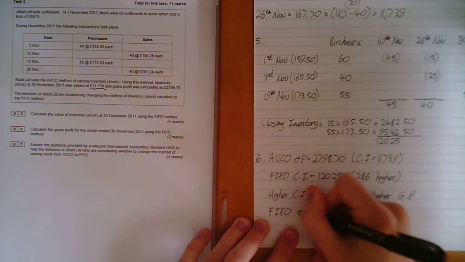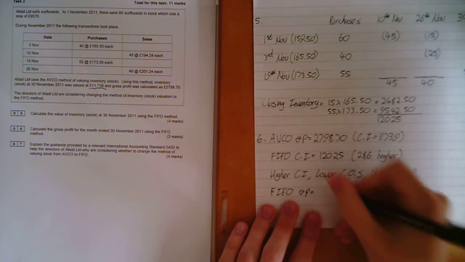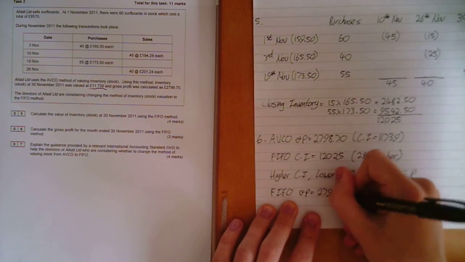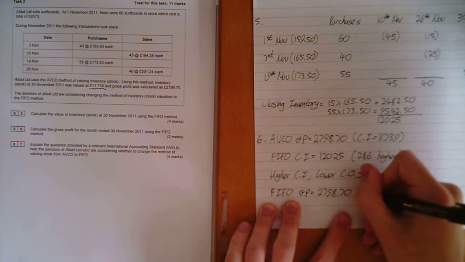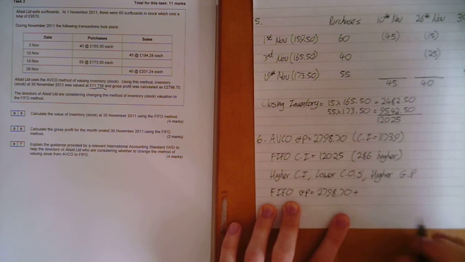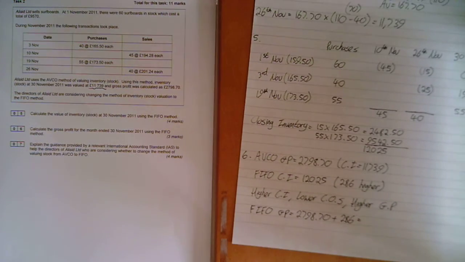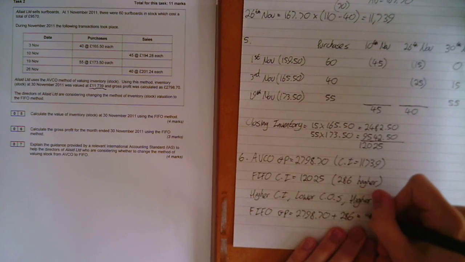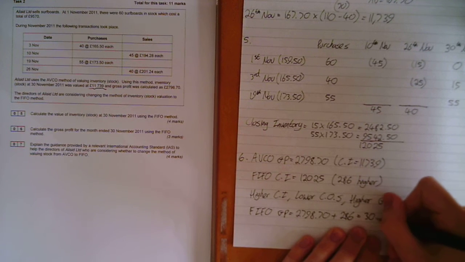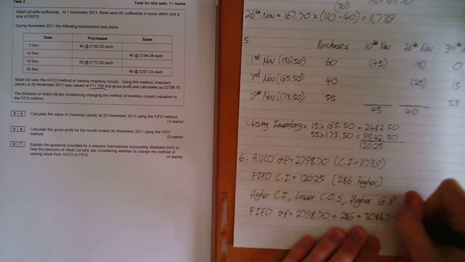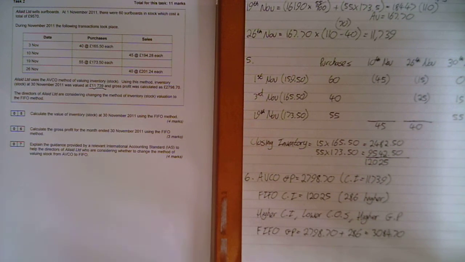FIFO gross profit is equal to the 2798.70, which is the AVCO GP, but 286 higher. And that's a criticism of FIFO. It tends to give a higher gross profit, which is kind of artificial in a sense, because this extra gross profit has only been created because of the way we value our inventory, not in the way we've sold stuff in a sense.